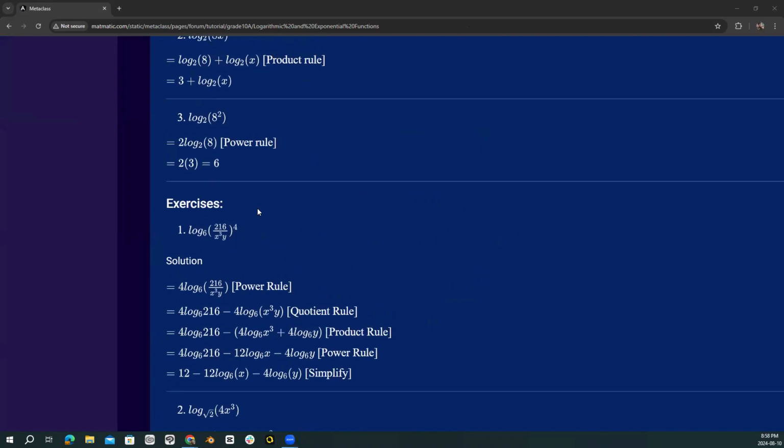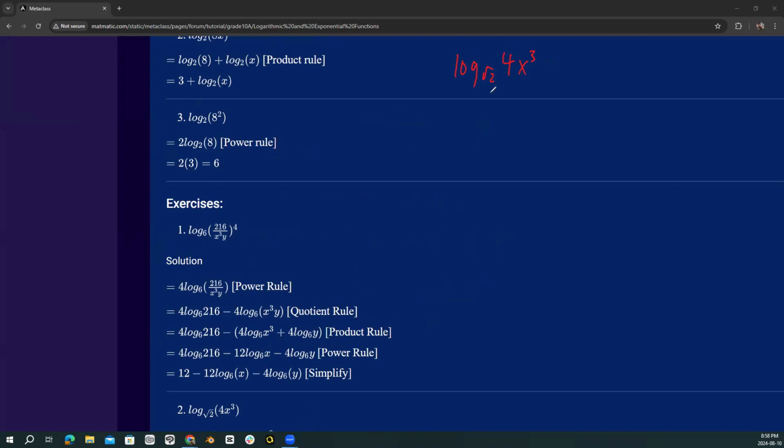So our equation is log base square root of 2 of 4x to the power 3. Okay, this is our equation here.